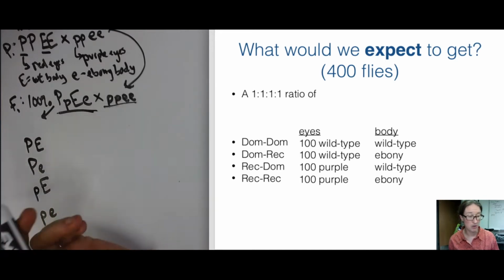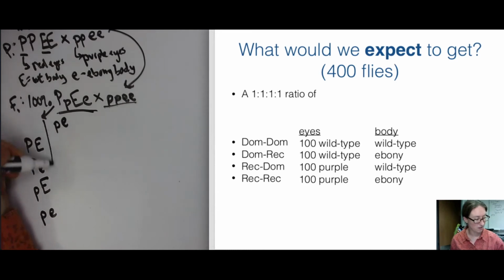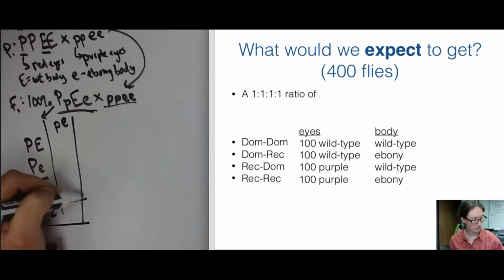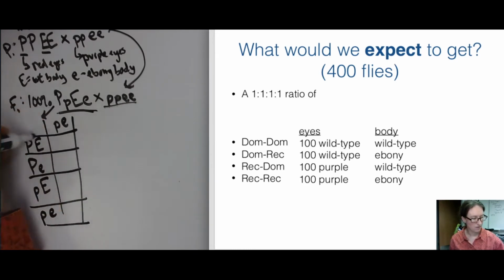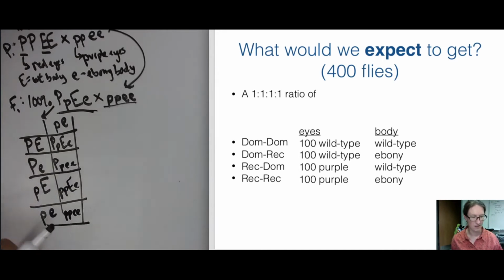And then parent number 2 can only produce one type of gamete, right? So little p, little e. So if we work this out, we've got big P, little p, big E, little e. We've got big P, little p, little e, little e. We've got little p, little p, big E, little e. And then we've got little p, little p, little e, little e, right?